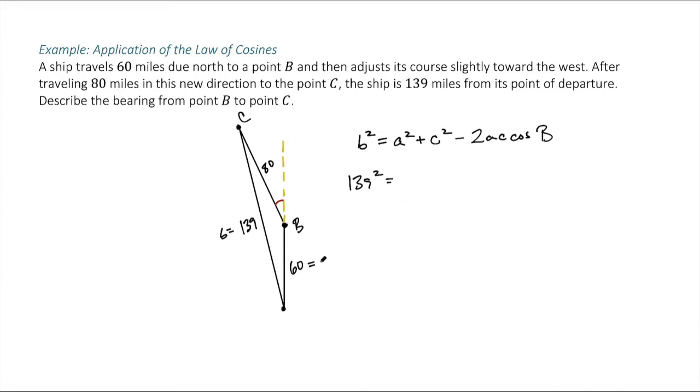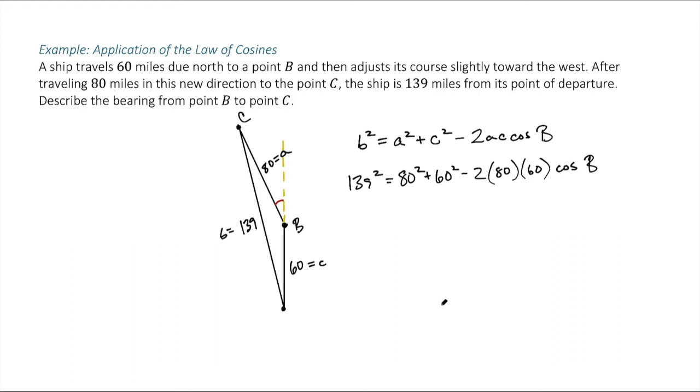Sorry, that's side c. This side here is a. Not that it actually makes a difference in this formula. 80 squared plus the 60 squared minus 2 times a times c times the cosine of the angle B, which is what we don't know.